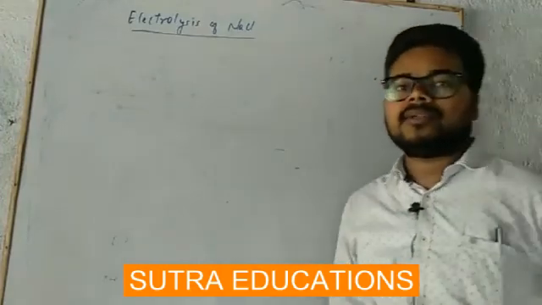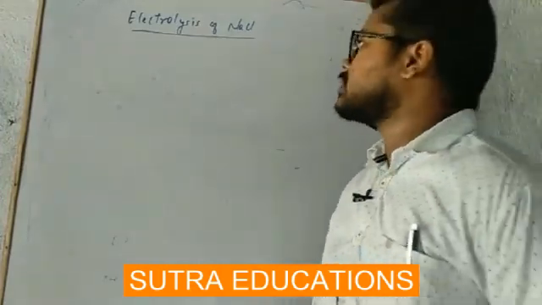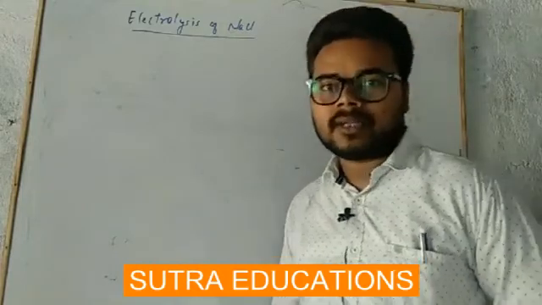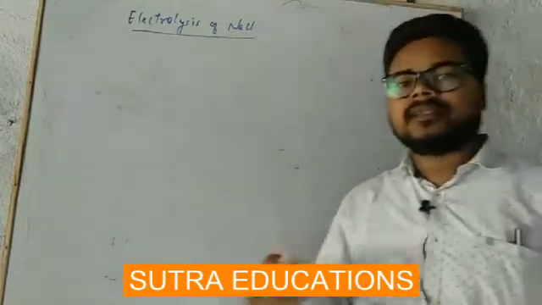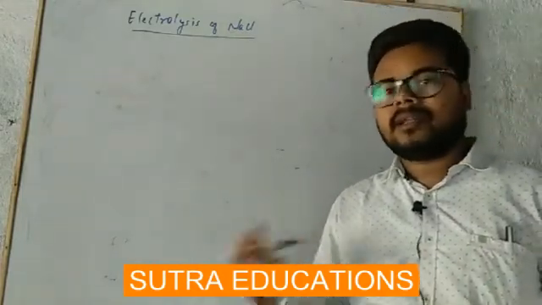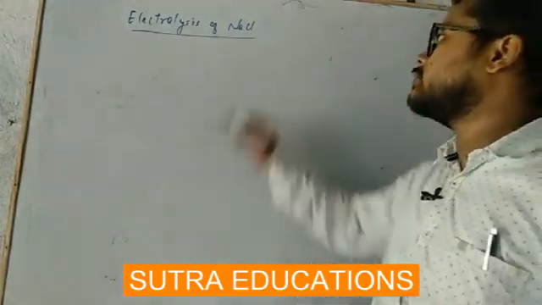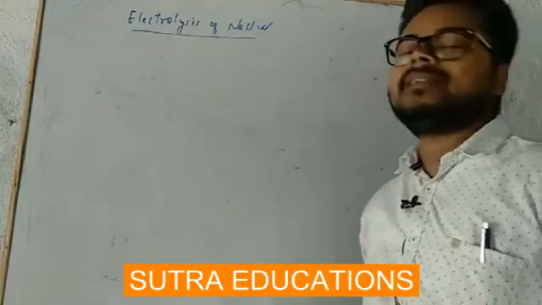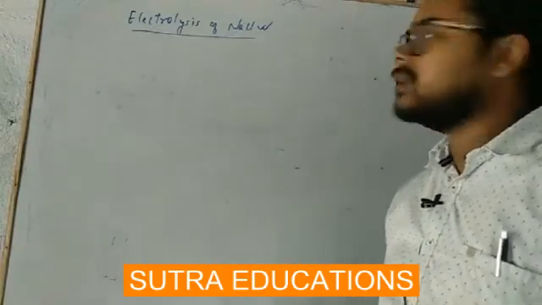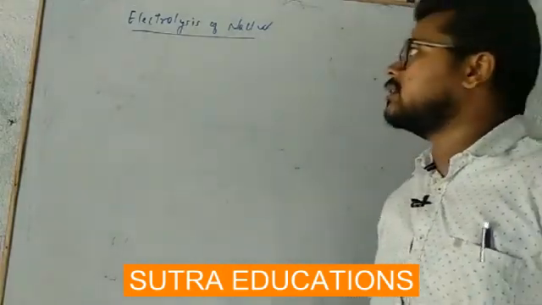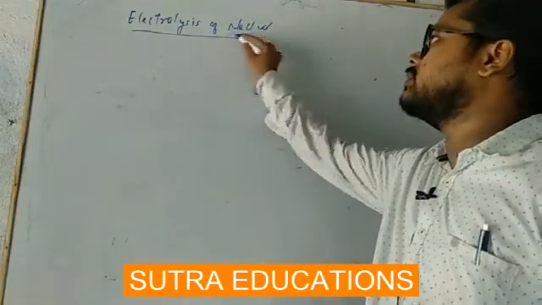I have told you electrolysis is simply the decomposition that occurs when electricity is passed through an electrolyte. We have discussed electrolysis in detail, so we will simply discuss electrolysis of NaCl briefly, okay.